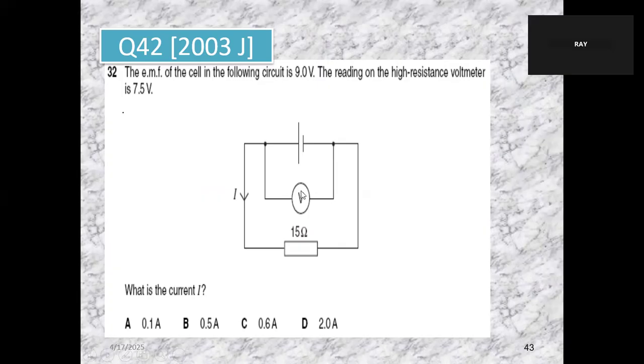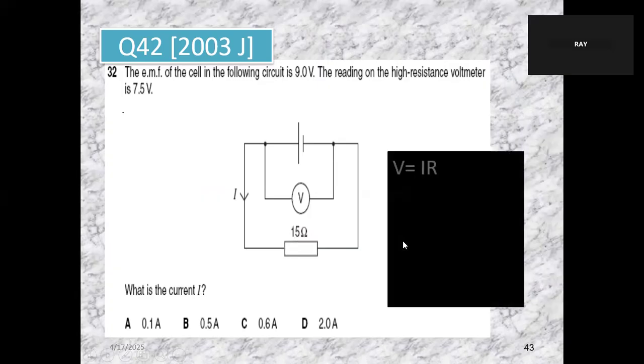The voltmeter reading is across here, so that's where you find the current. 7.5 divided by this one. V equals IR. The answer is B. I got B. Okay, good.